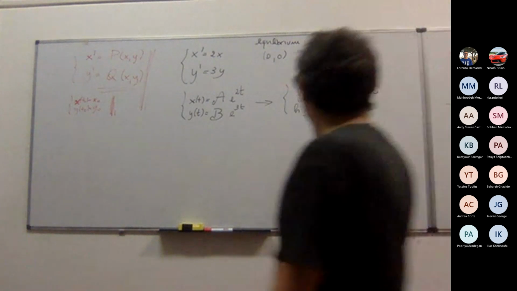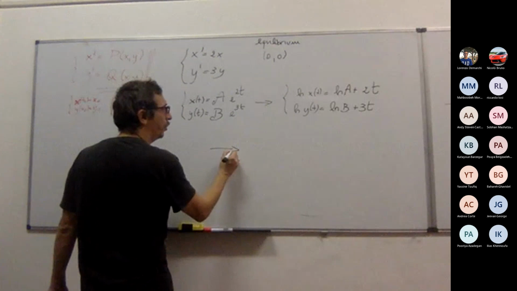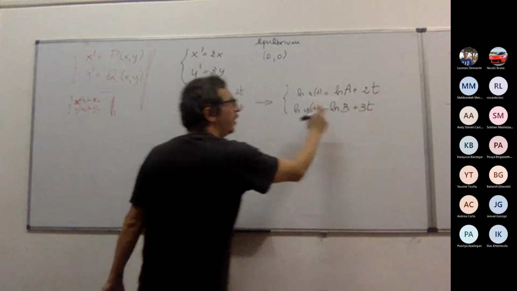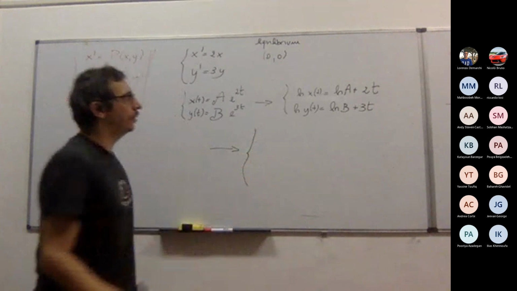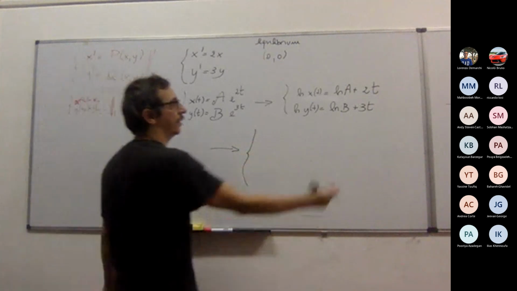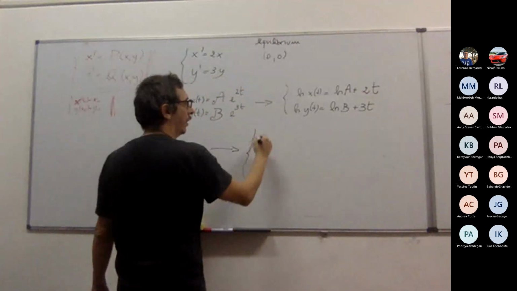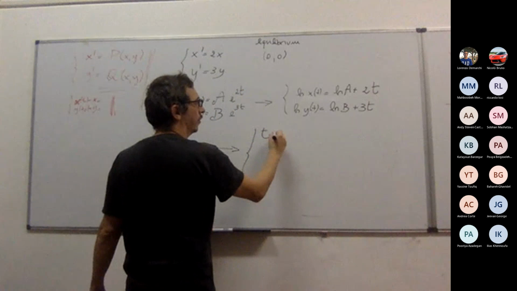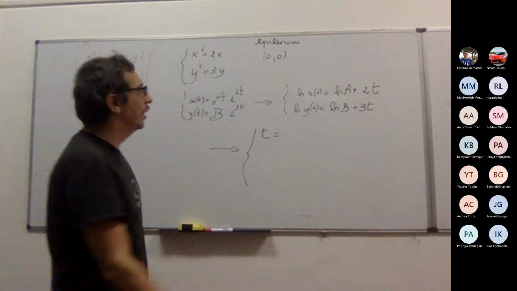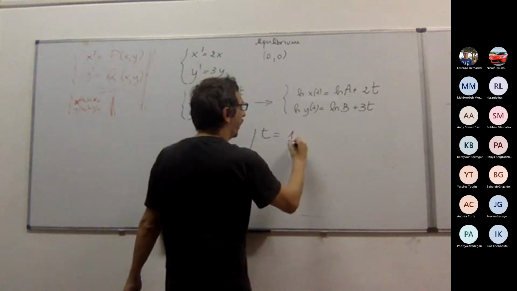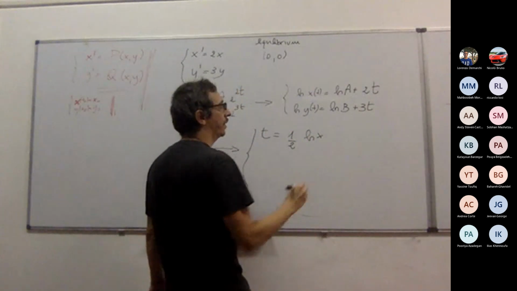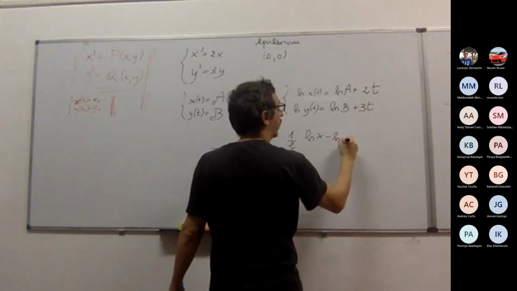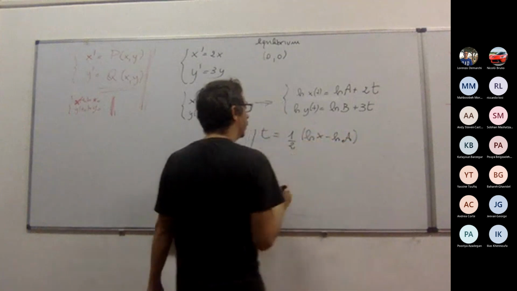Okay? Now, what I want to do is to eliminate this t from the system. So what I'm doing is to write in the first equation t as a function of all the other stuff. So this is going to be 1/2 of log x minus log a.